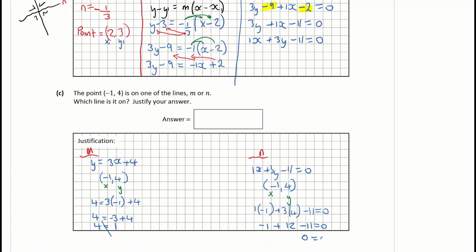So 0 is equal to 0. So since equal, it sits on the line n. So my answer here is going to be n. So in order to show a point sits on a line or on a curve, it must satisfy the equation. So you sub it in and you're hoping to get 0 is equal to 0.